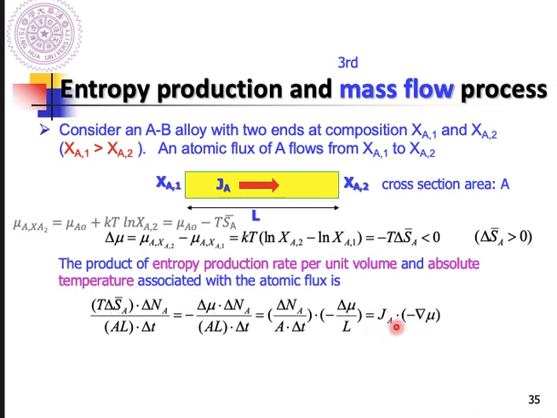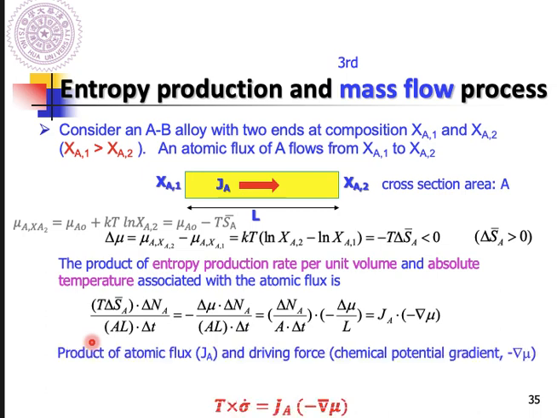Now we have the flux and the driving force, but is the left term related to the entropy production rate? Yes, what you have is T times the entropy production rate per volume.